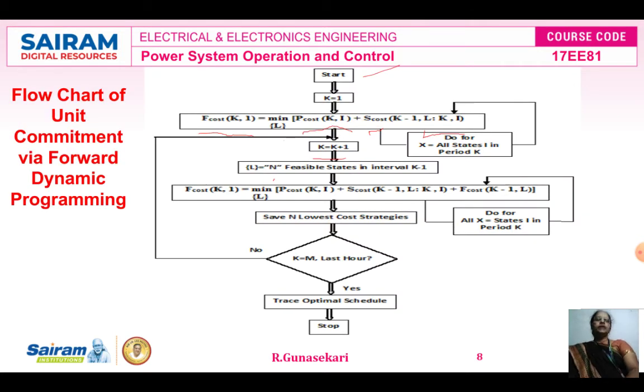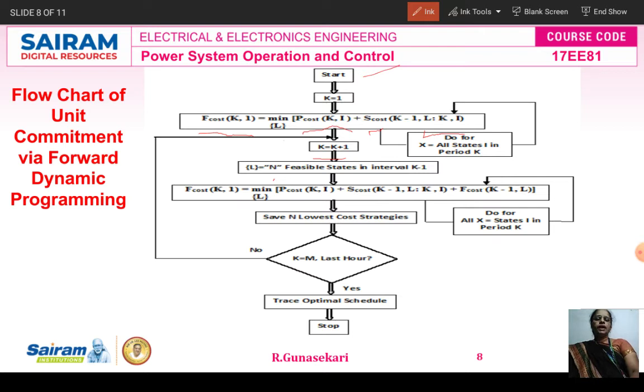Now we calculate, that means L equal to n feasible states in the interval k minus 1. Then we come to f cost k comma I, which equals the minimum over L of p cost k comma I plus s cost k minus 1 comma L colon k comma I plus f cost k minus 1 comma L. This is how we get the cost.